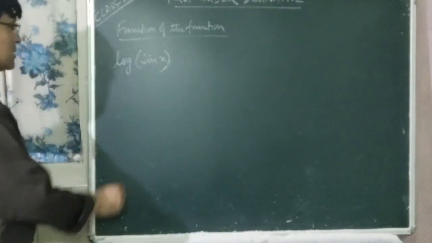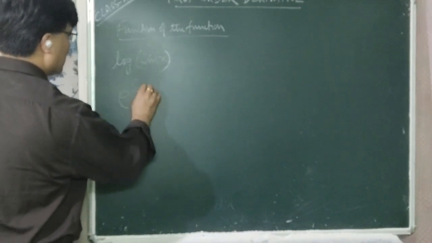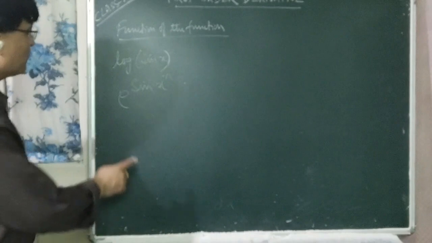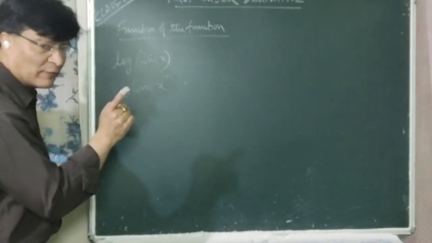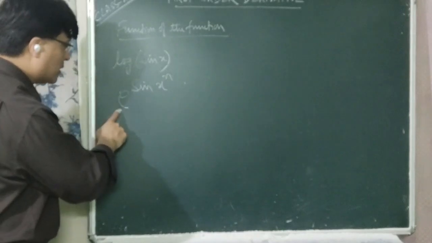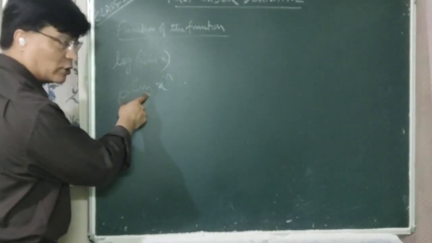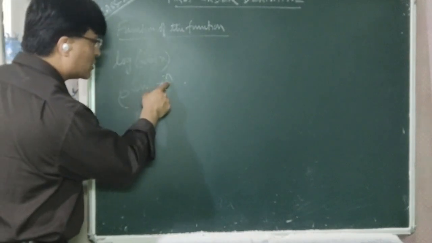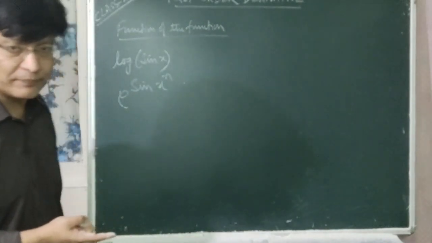So the next example is e to the power sine x to the power n. First of all, which function is written here? E, that is your exponential function. Within the exponential function, there is sine x to the power n, a trigonometric function. And within the trigonometric function, there is another function, x to the power n, an algebraic function.